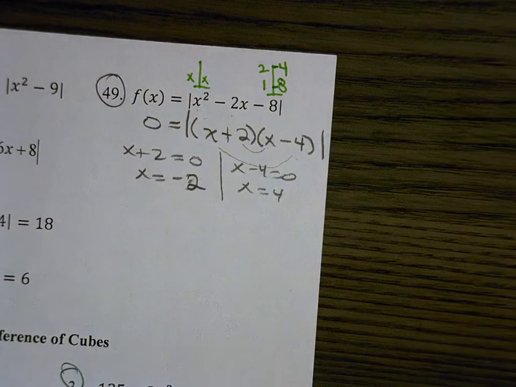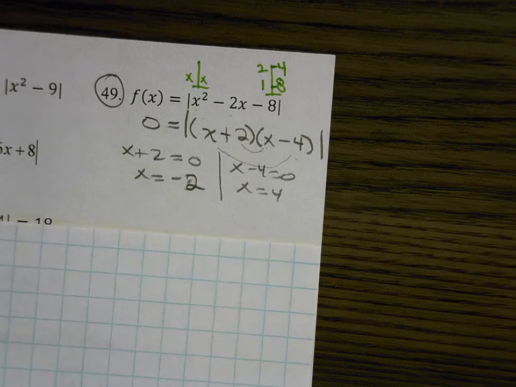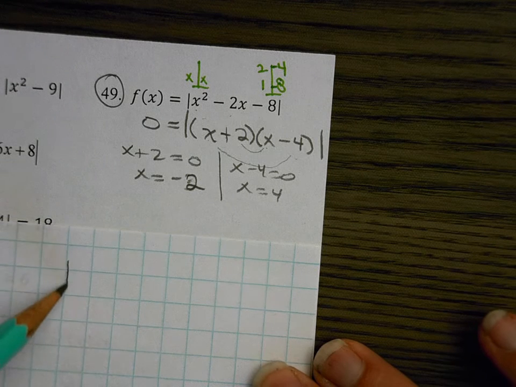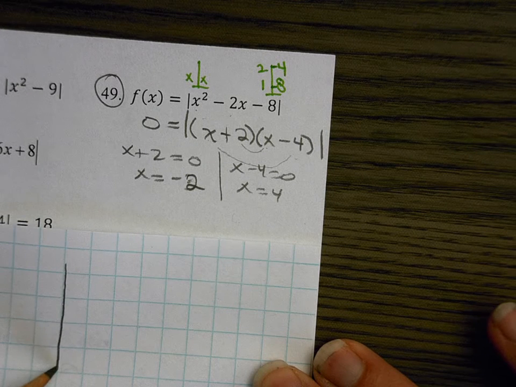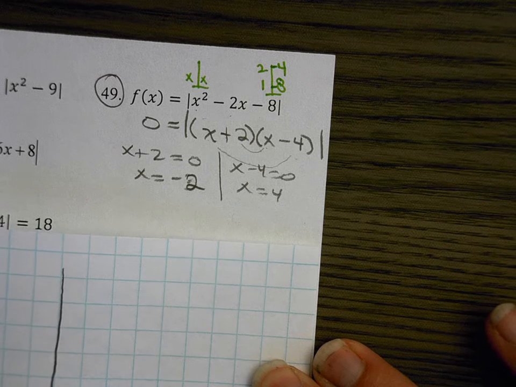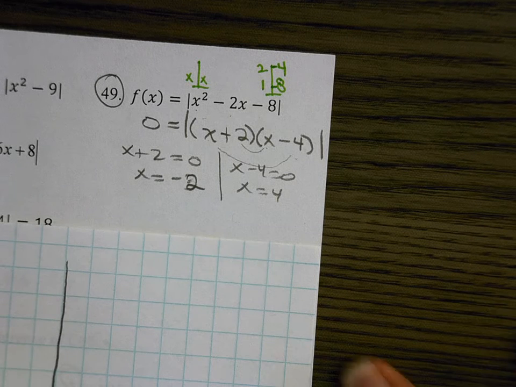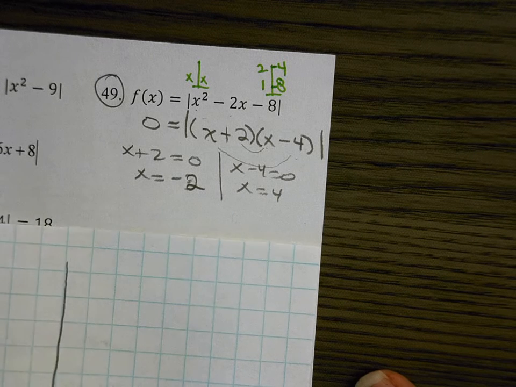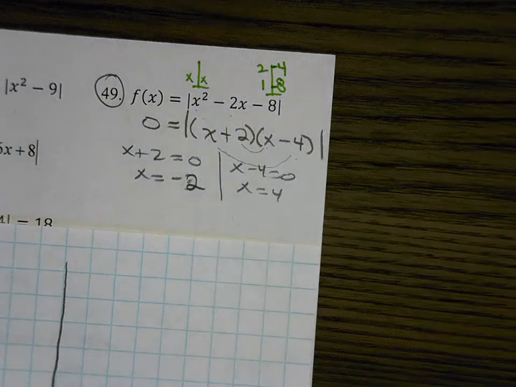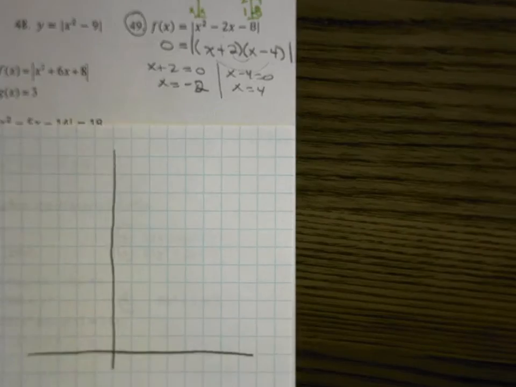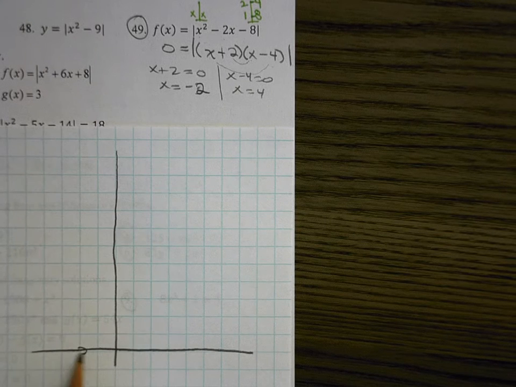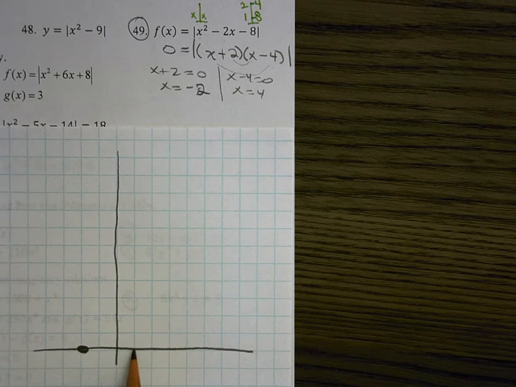Okay, so let me get my graph paper here. Zoom out just a little bit. I have x equals negative 2, and then positive 4.